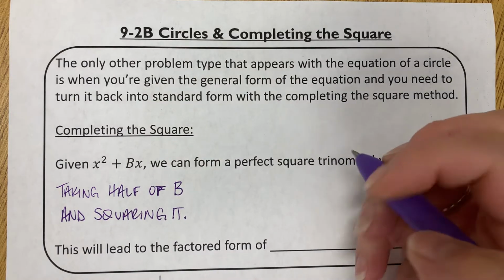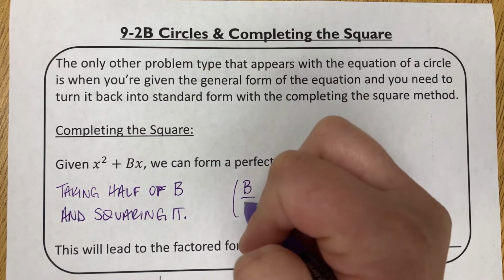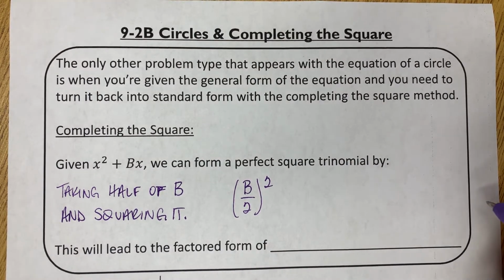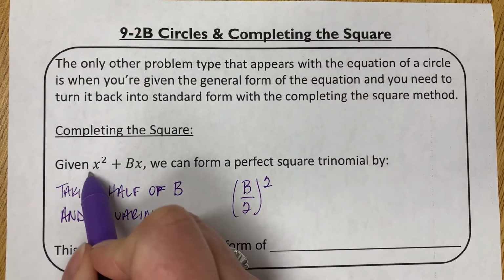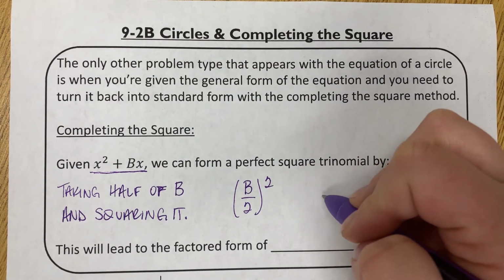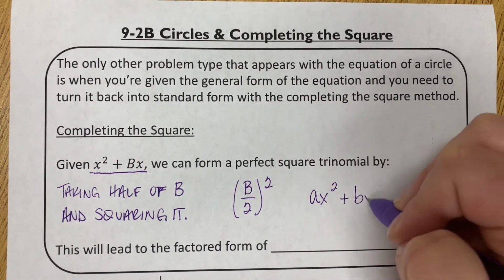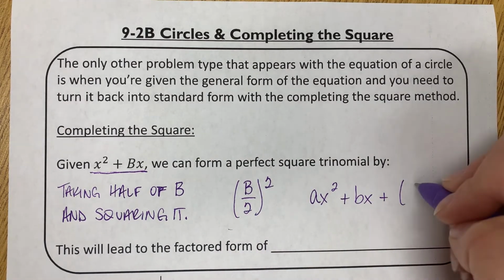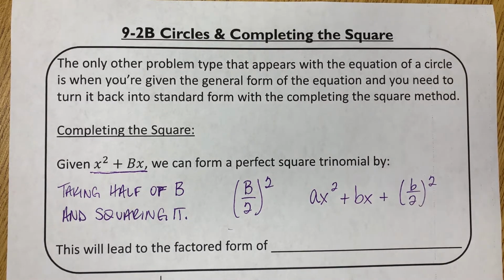So what that looks like is something like this. B divided by 2 squared, okay? So when we put that with what we already have here, the x squared plus bx, it's gonna look like this: x squared plus bx plus, remember we're adding this, b over 2 squared.